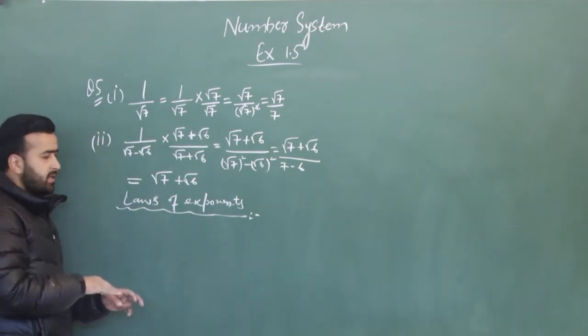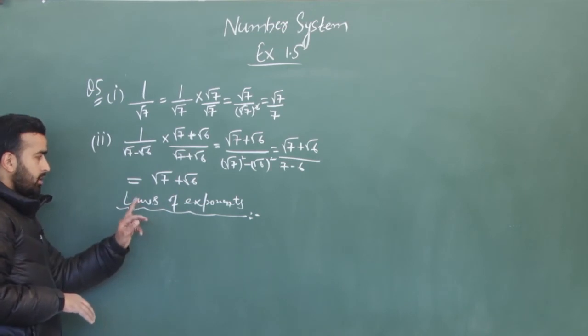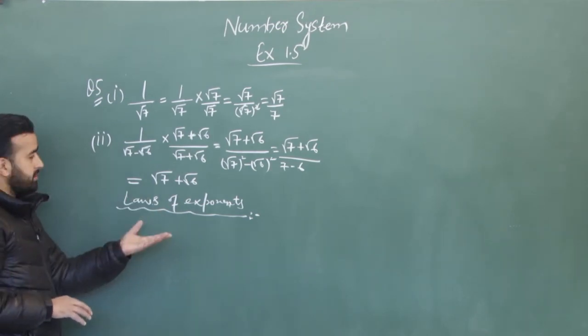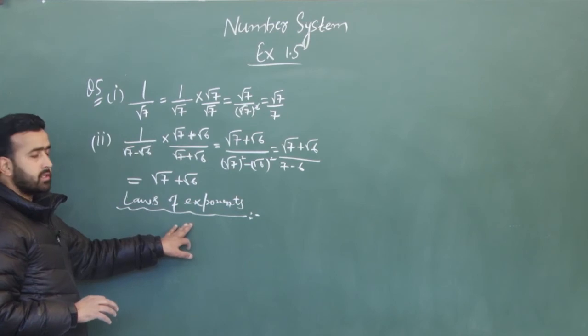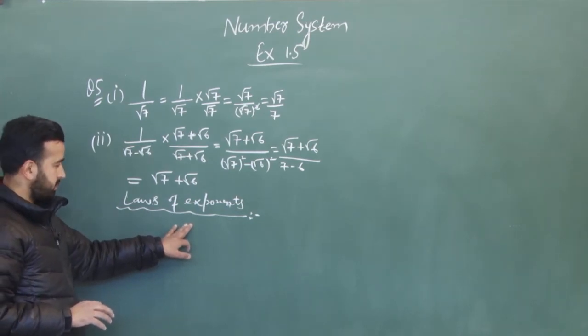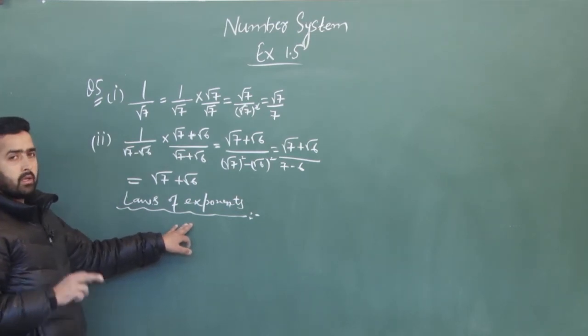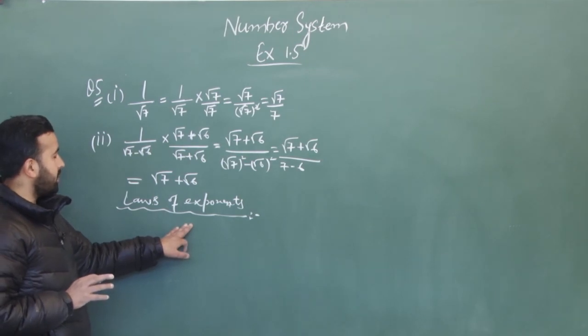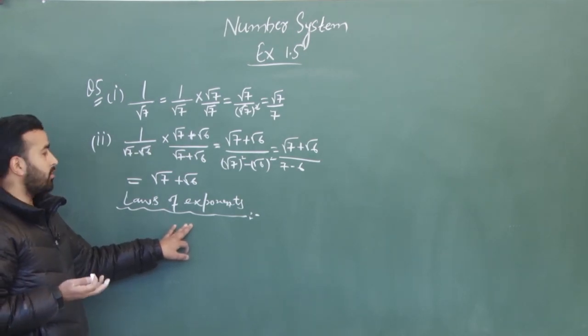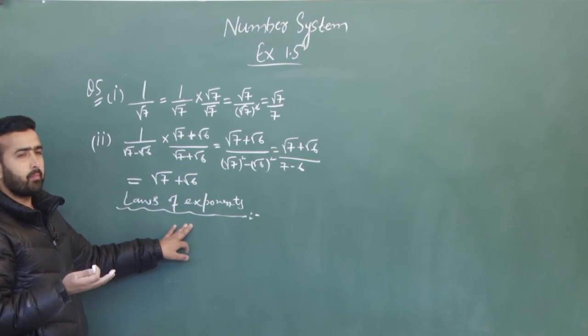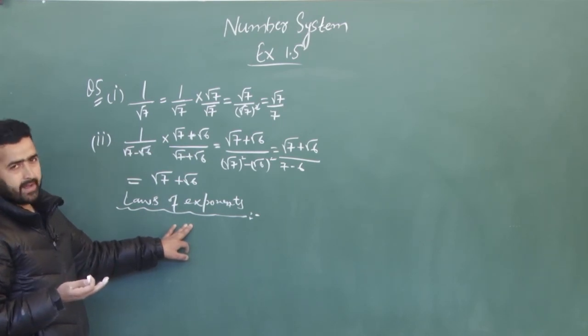But in class 9th and in class 8th, what is the point of difference? There we have also discussed the laws of exponents. But in class 8th, remember that we discussed the laws of exponents while using the base and the powers as natural numbers.